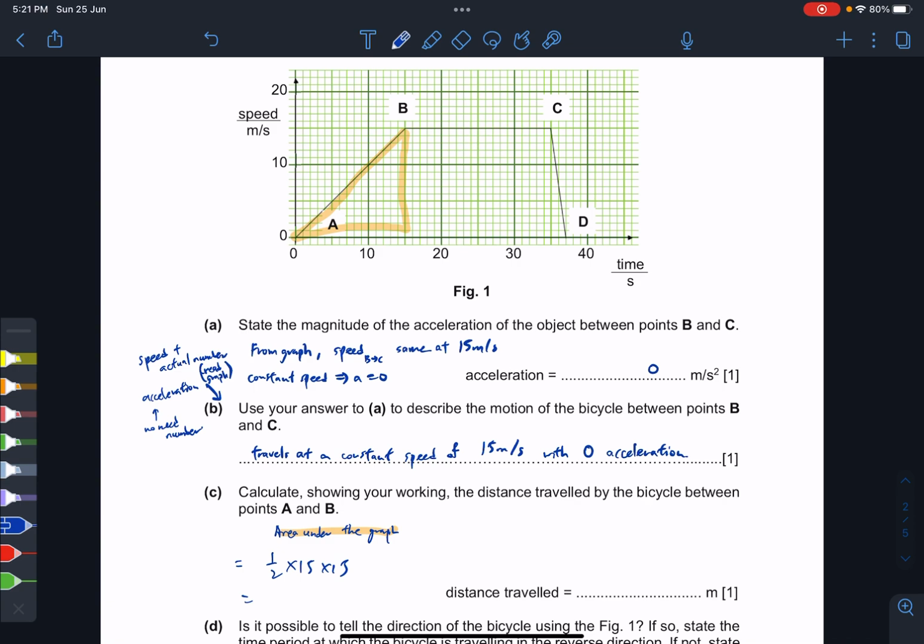Half times 15 times 15, you end up with 112.5, approximately 110 meters, to 2 significant figures.